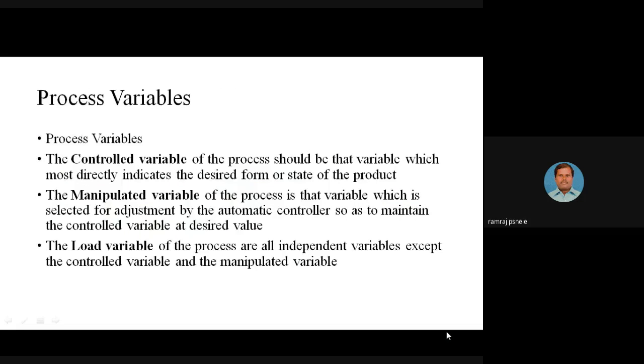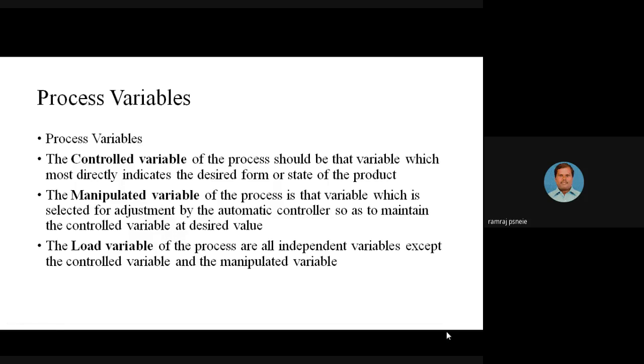Process variables. The controlled variable of the process should be the variable which most directly indicates the desired form or state of the product. This one is nothing but the output of the plant.